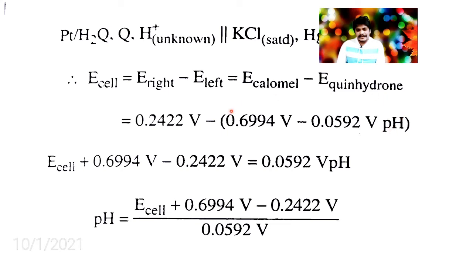So this is the electrode potential of the calomel, and this is the electrode potential of the quinhydron electrode.